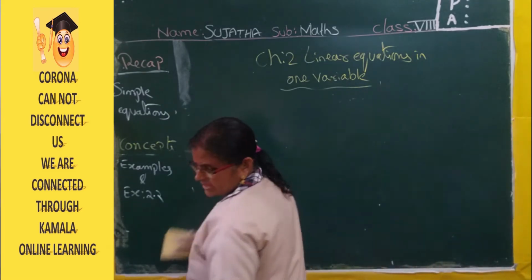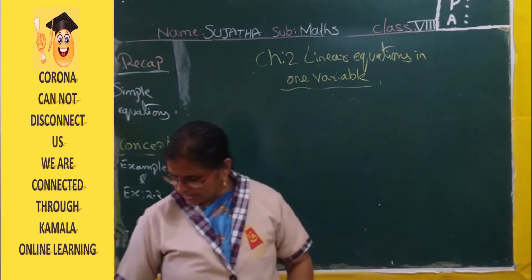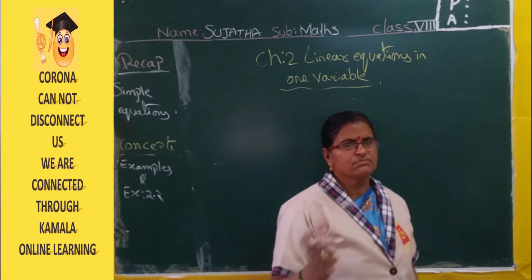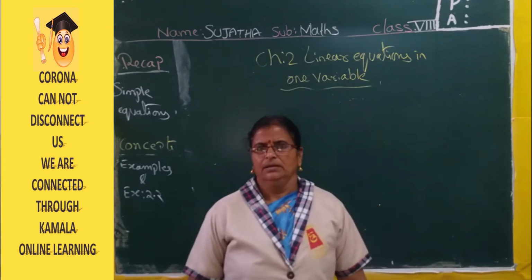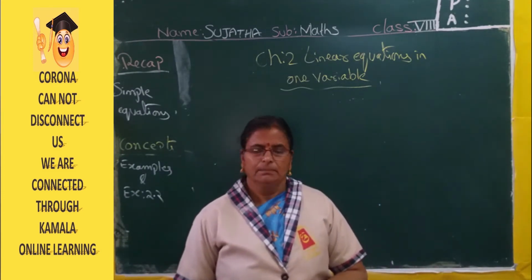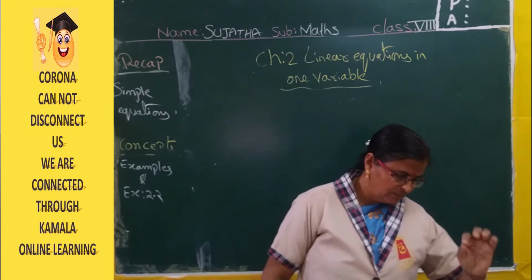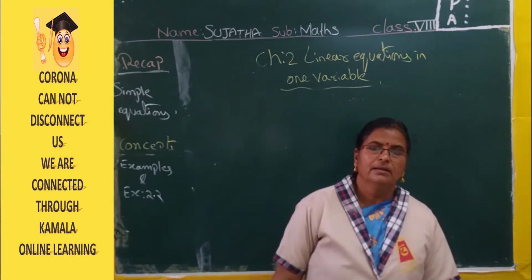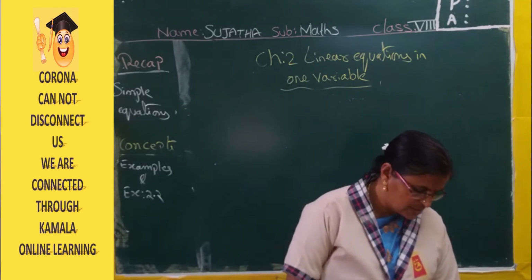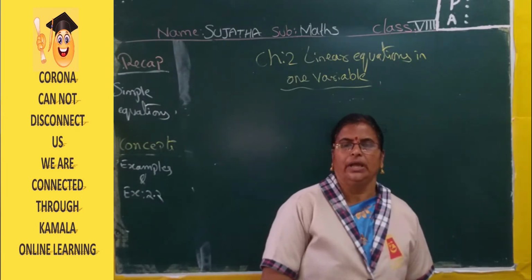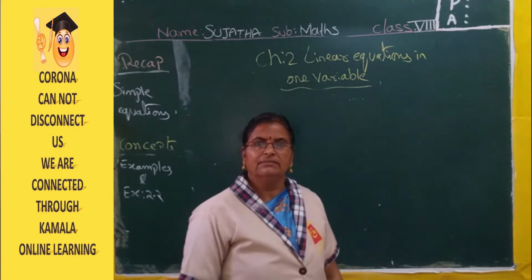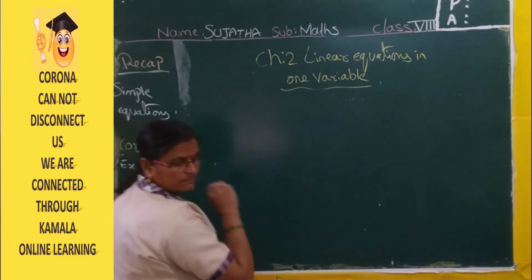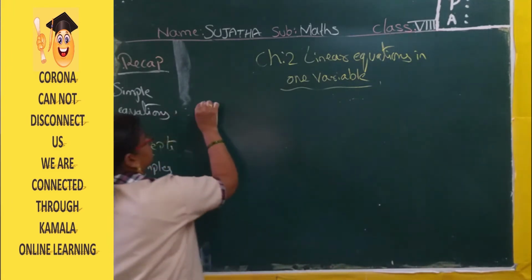This you also studied in 7th class. Now, one will be smaller, one will be bigger. But here they are not given like that. The supplementary angles differ by 34 degrees. So the smaller angle you have to take as x, the bigger angle will be x plus 34. Understood? Let us start sum number 7.